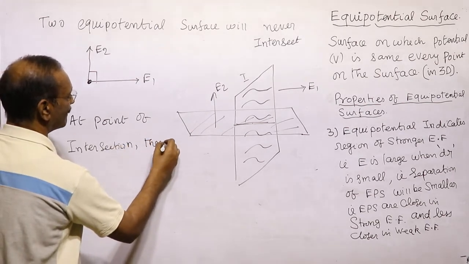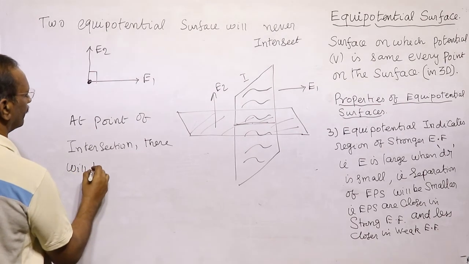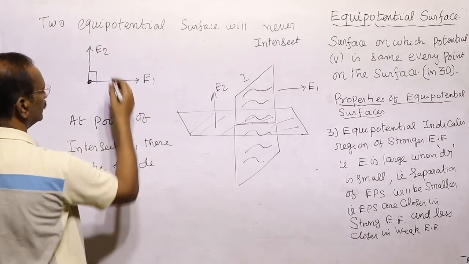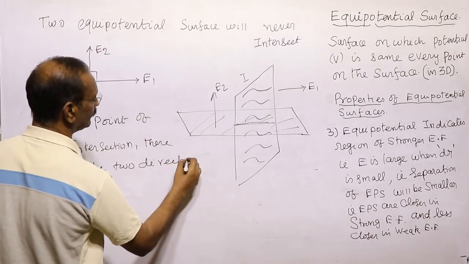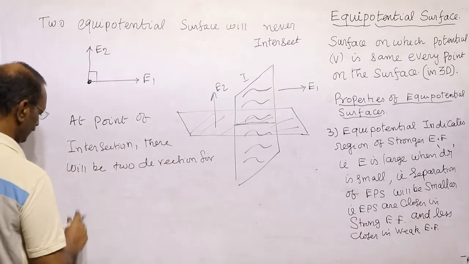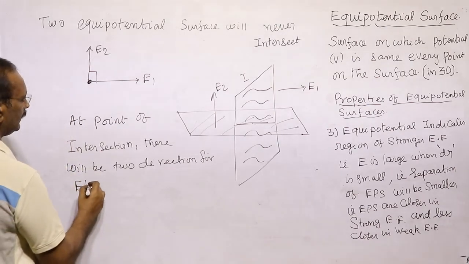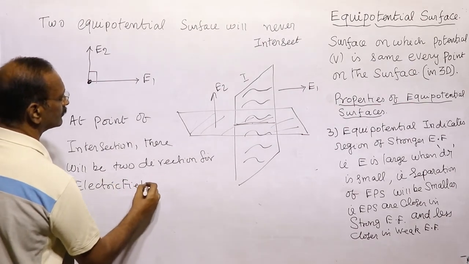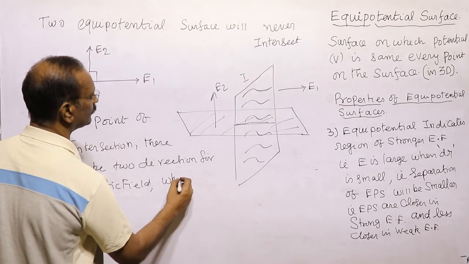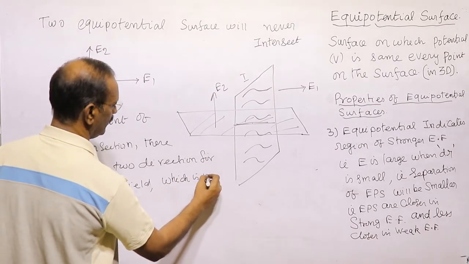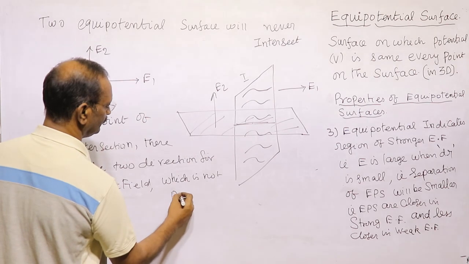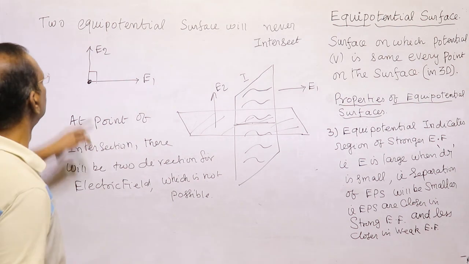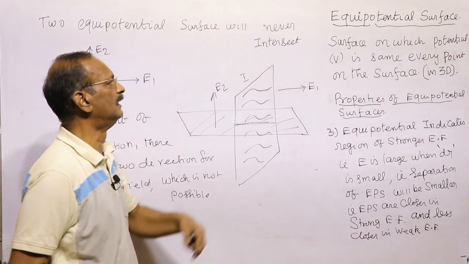There will be two directions for the electric field at one point, which is not possible. That means we can come to the conclusion that two equipotential surfaces will never intersect.